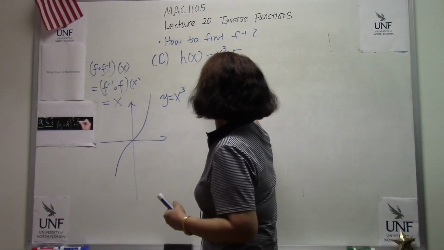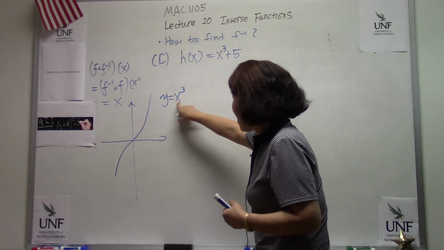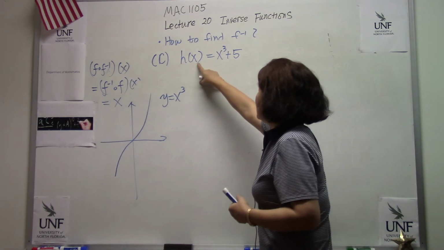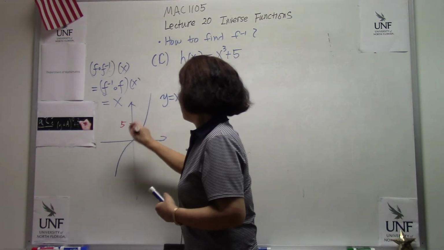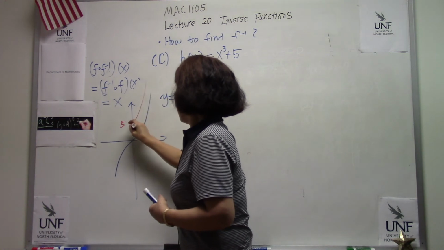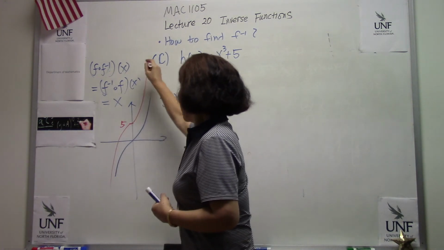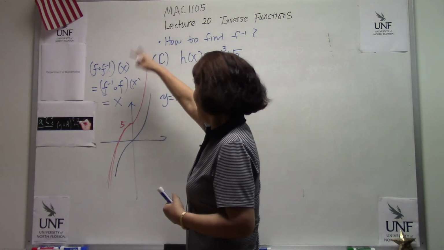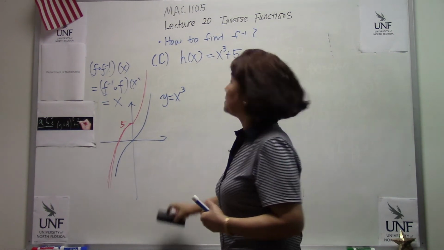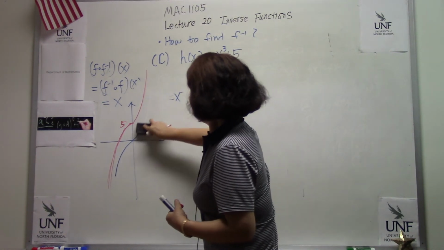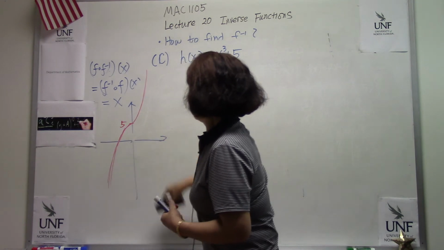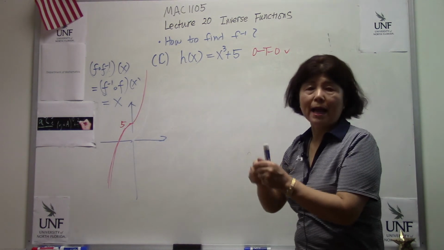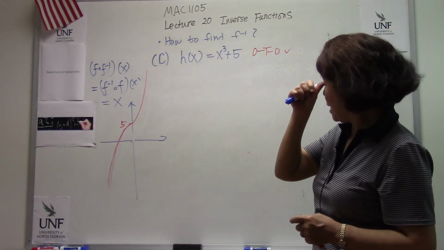When x equals 0 here, y equals 0. On the other hand, with the plus 5, when x equals 0 the y value is going to be 5. So it's shifted up 5 units, exactly the same shape but moved up by 5 units. So this graph shows that this is one-to-one. Check mark. So now we can compute the h inverse.